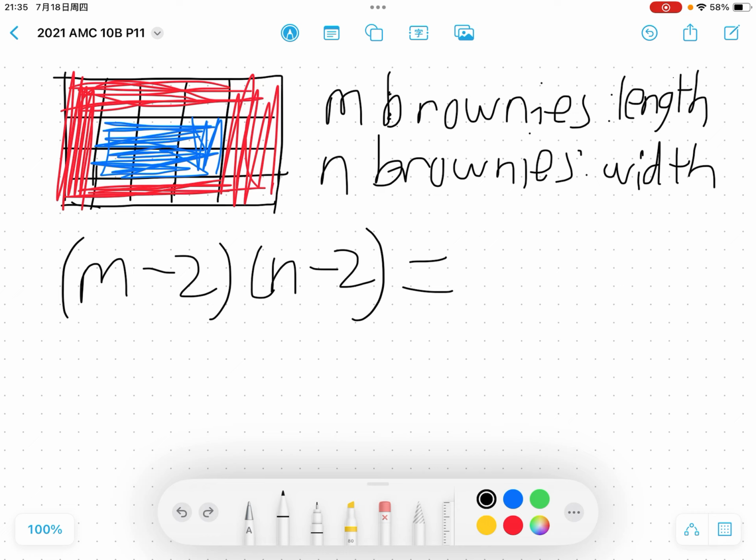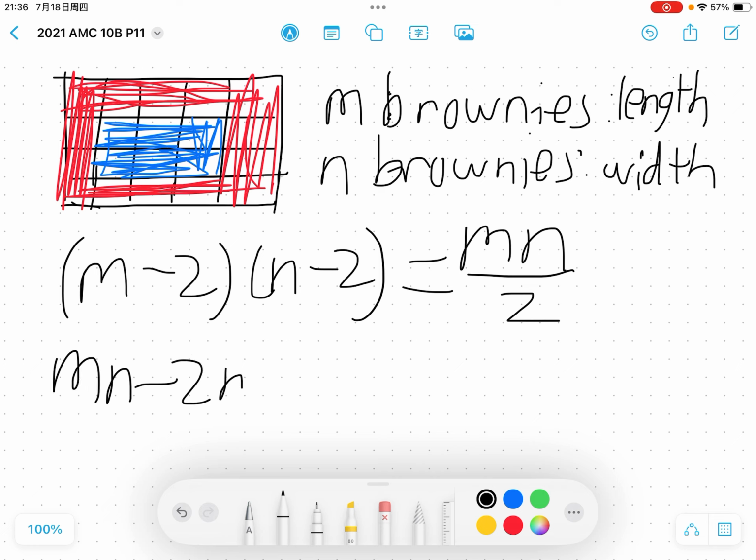But if we think of this simply, the question states that the number of blue brownies and red brownies are the same, and blue plus red is the total number of brownies. So basically, it's the total number of brownies, mn, over 2. Now we have our equation. We'll try to expand it, and then we can try to factorize it again and see what we get.